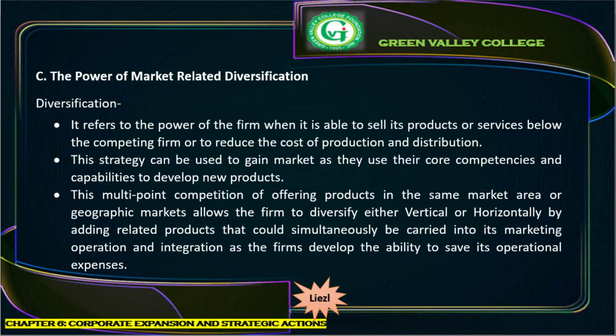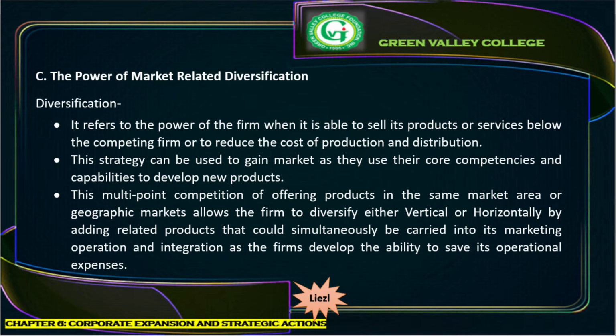And this multi-point competition of offering products in the same market area or geographic markets allows the firm to diversify either vertically or horizontally by adding related products that could simultaneously be carried into its marketing operation and integration as the firms develop the ability to save its operational expenses.